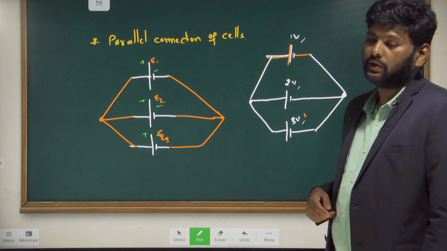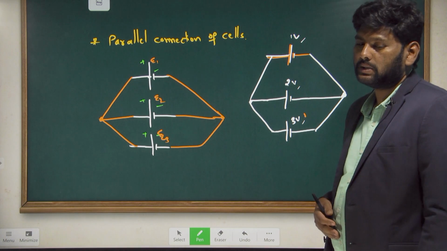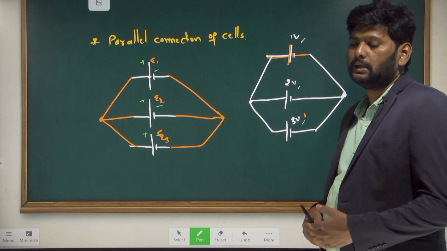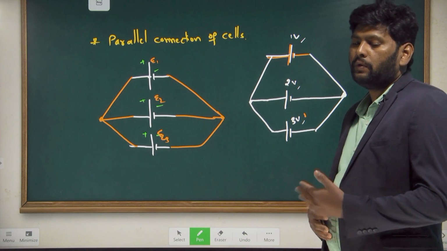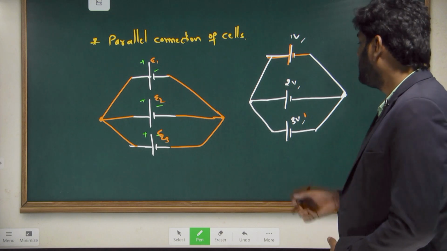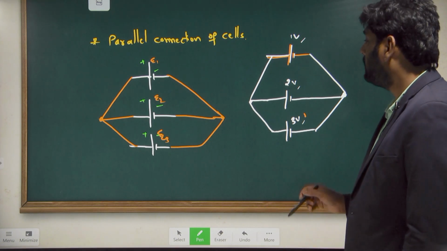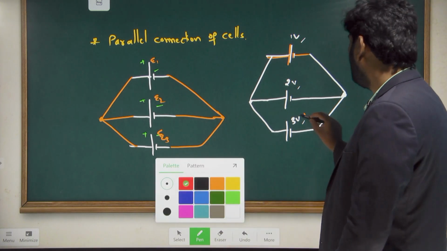But what is the effective EMF here? The effective EMF in a parallel connection is the greatest potential, the greatest EMF value. What is the greatest EMF value here? Here, 3 volt.